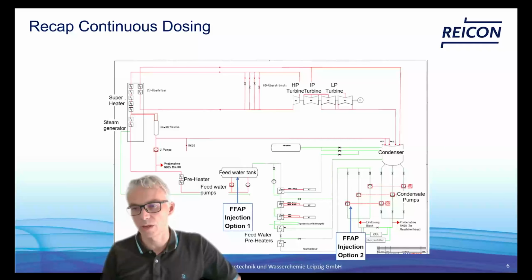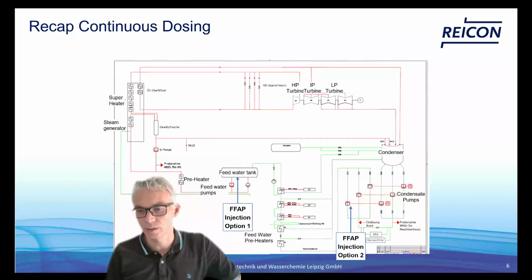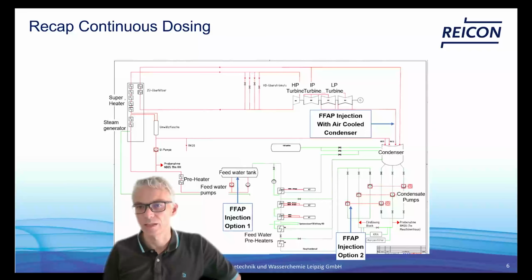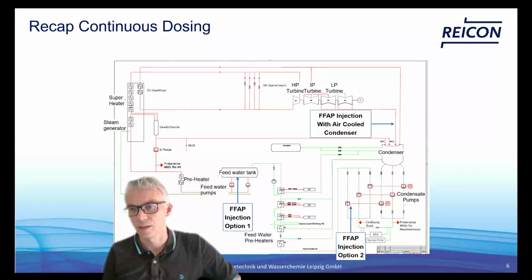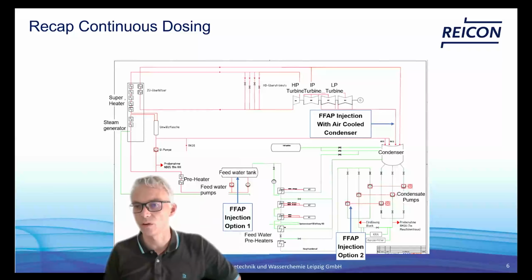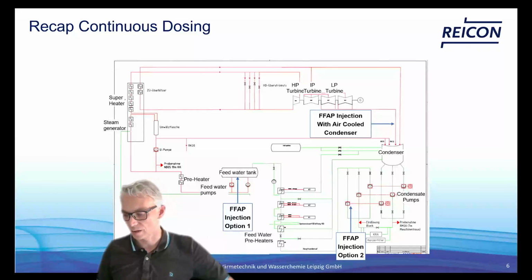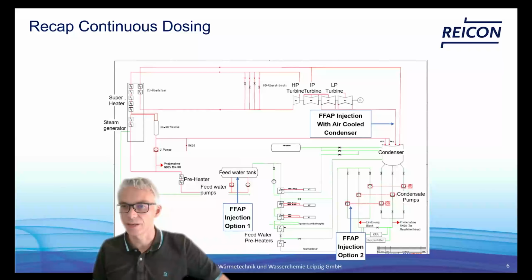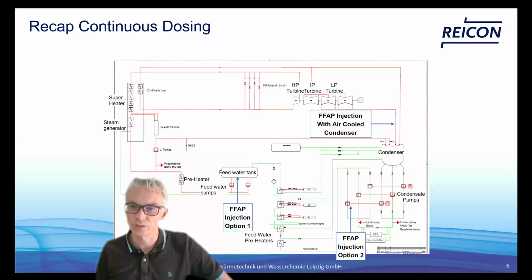We recommend to do this after a possible condensate cleaning plant and before the main condensate pumps, but after them it's also possible. And some specific injection points: if you have, for instance, an air-cooled condenser, then you should inject into the steam line directly in front of the condenser, as this is the equipment with the highest surface, which needs to be covered first to protect it from corrosion.